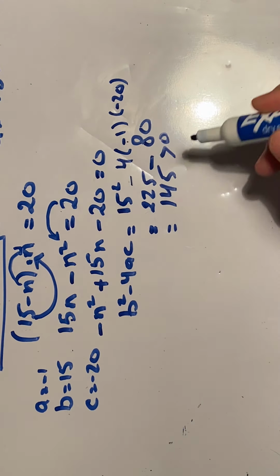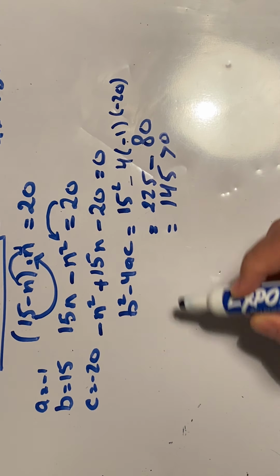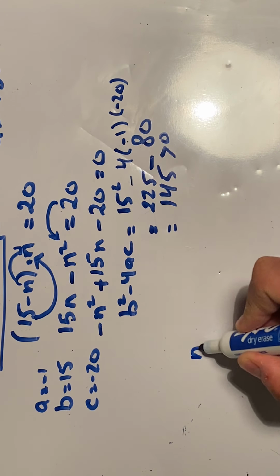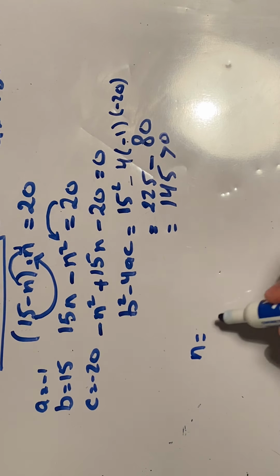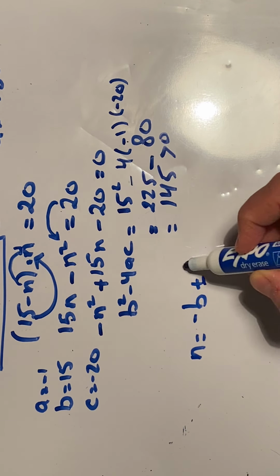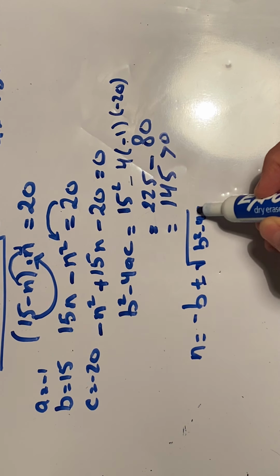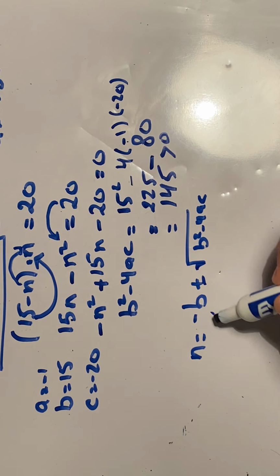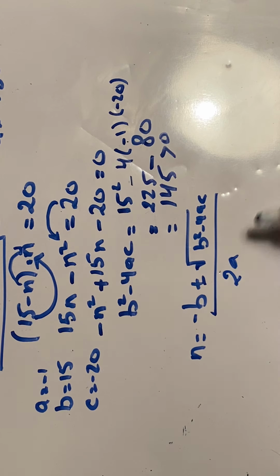Next, since we found that, the value of n would be, remember the formula, minus b plus or minus the square root of b squared minus 4ac, over 2a.